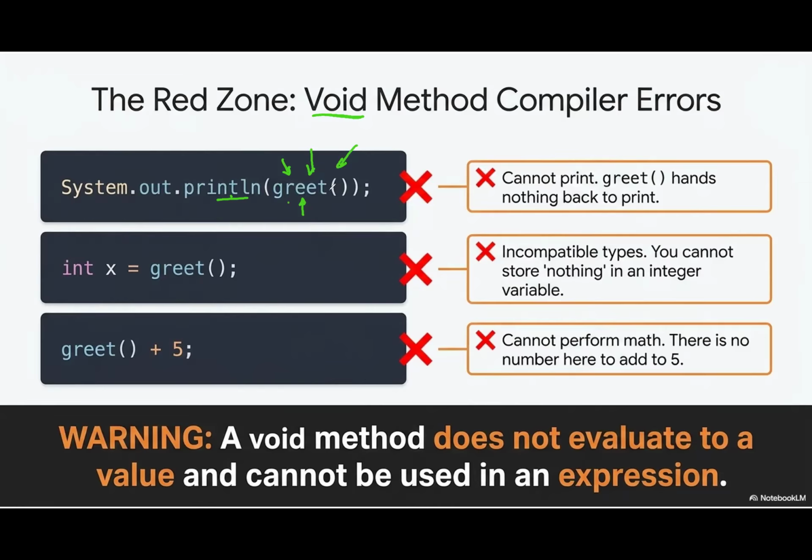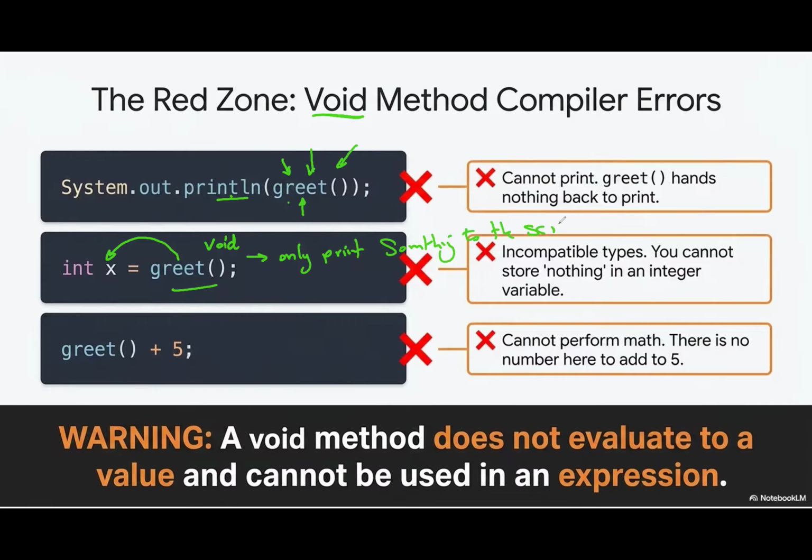We cannot do that. We also cannot do this: I cannot save grade into a variable. Why? Because grade is actually a void method that only prints something to the screen.